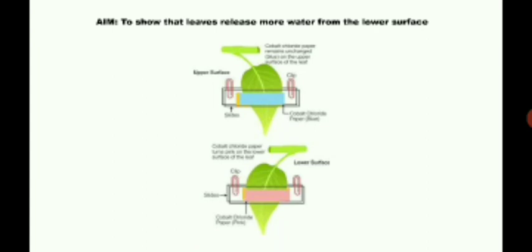So what can we conclude from this experiment? That more water vapor is released from the lower surface. Why? Because more stomata are present on the lower surface of the leaves.